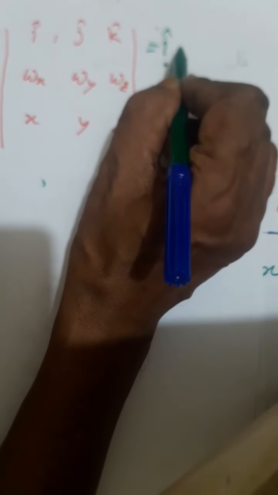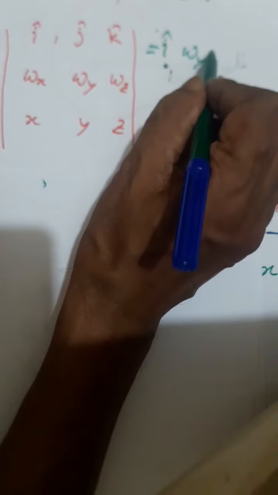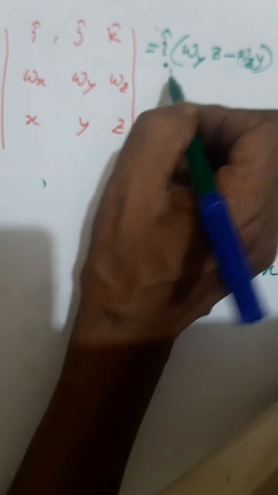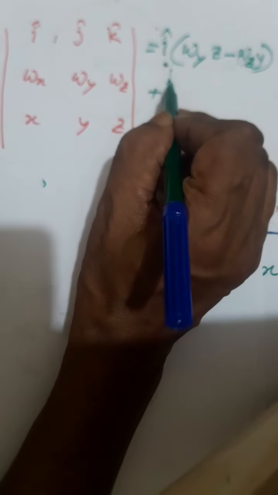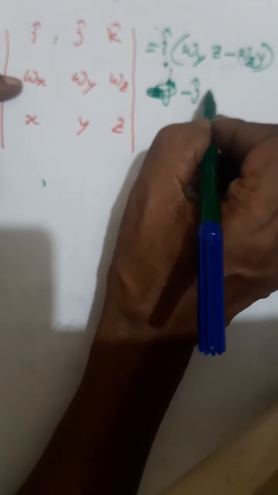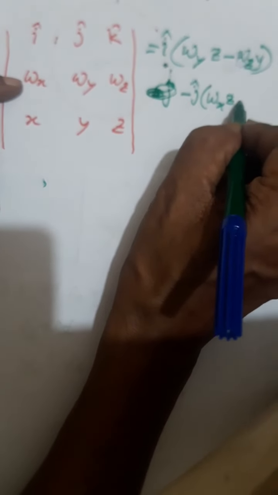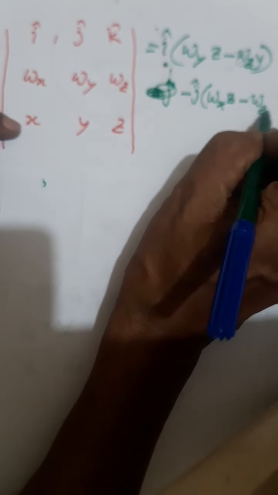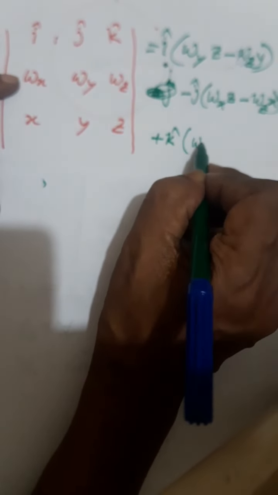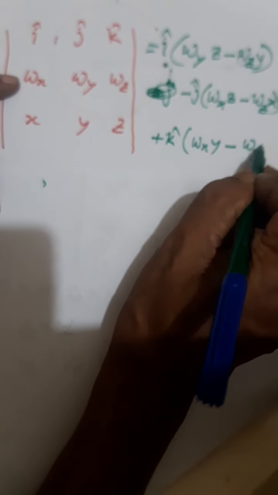Which is equal to i into (omega y z minus omega z y), minus j into (omega x z minus omega z x), plus k into (omega x y minus omega y x).